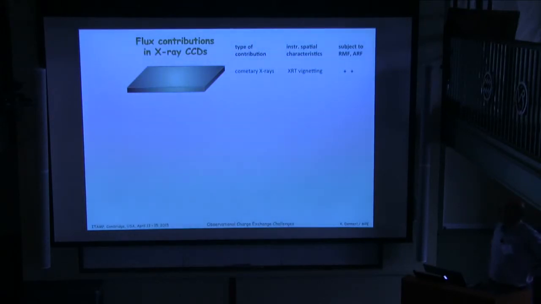But this is not the only contribution, as I said before. There's another one which comes from the diffuse X-ray sky. We can easily cut out point sources, but we cannot do this for the diffuse X-ray sky. Otherwise, nothing is left, so we have to live with this contribution.